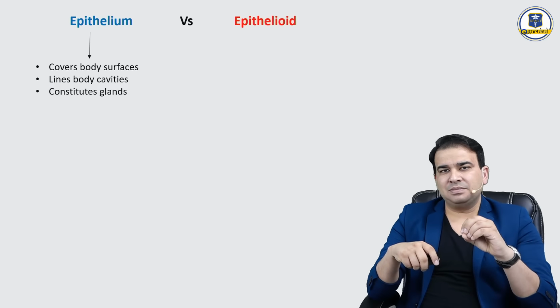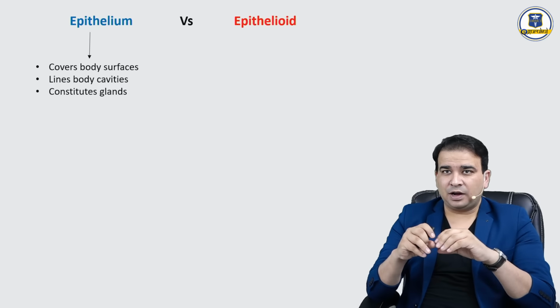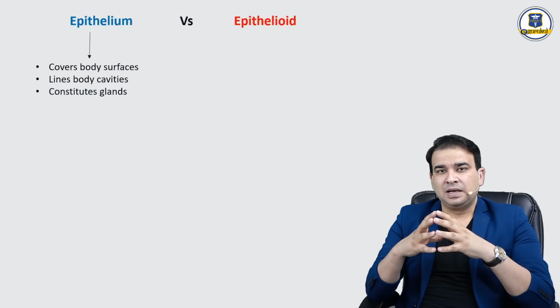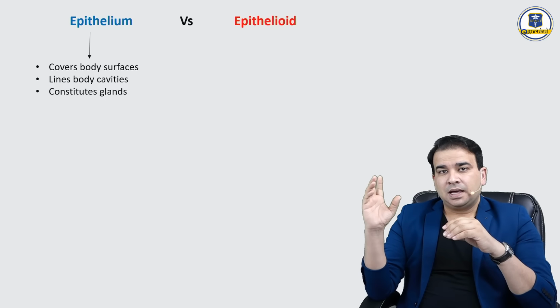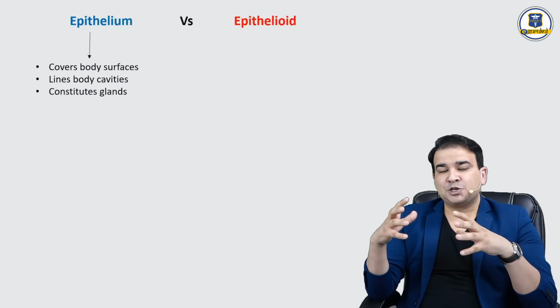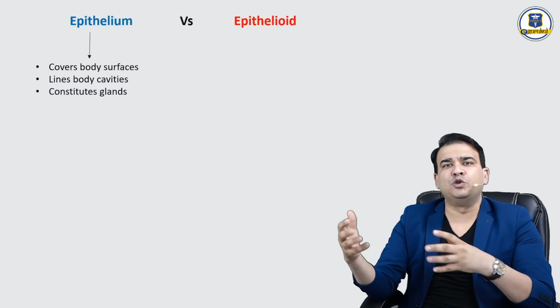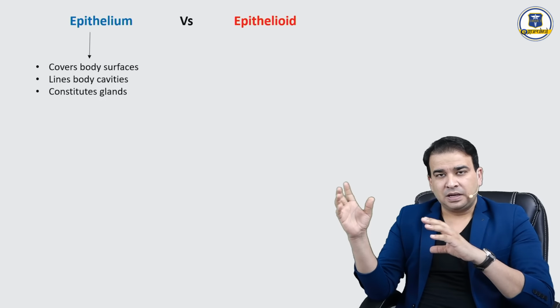Now, how is epithelium different from epithelioid? I'm sure you must have heard of epithelioid in pathology also. But that epithelioid is the aggregation of macrophages in response to some particular cell injury or certain kinds of tumors. That's a different epithelioid.